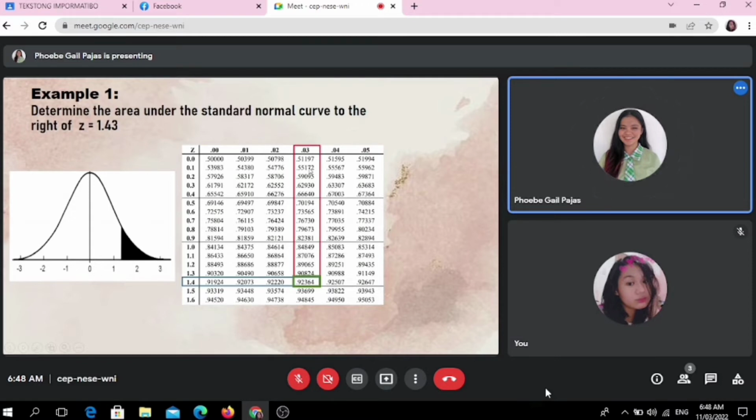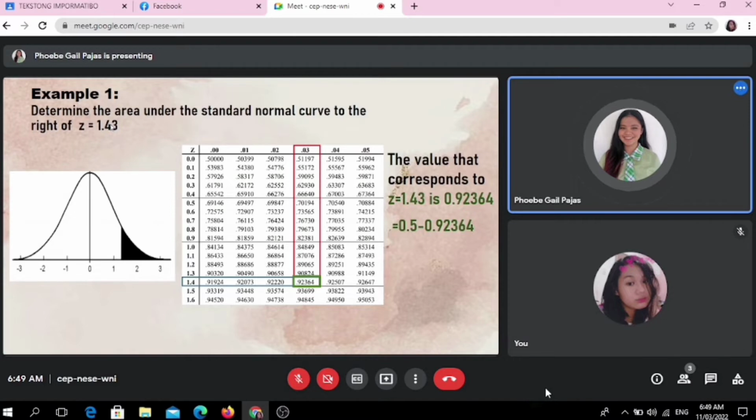So, the value that corresponds to z = 1.43 is 0.92364 kasi yung intersection is 0.92364. Then, since may to the right na word at positive yung sign, we will subtract it from 0.5.